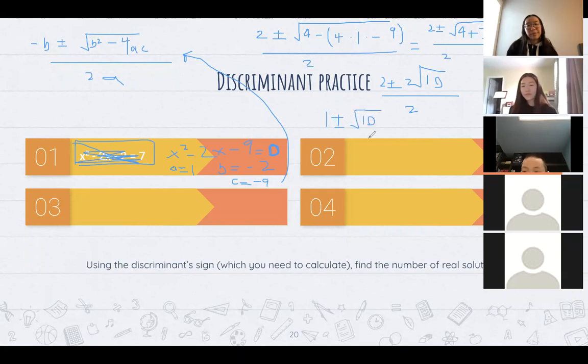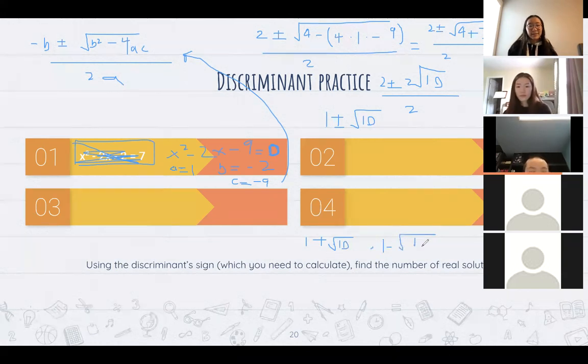And now what the plus or minus does is give you the 2 different roots. Because remember, some quadratics will have 2 x-intercepts. So one of the roots will be 1 plus radical 10, and then the other one will be 1 minus radical 10.